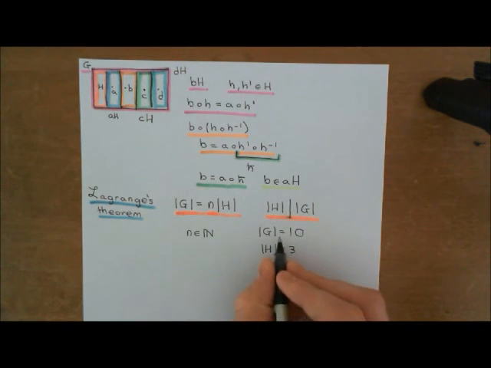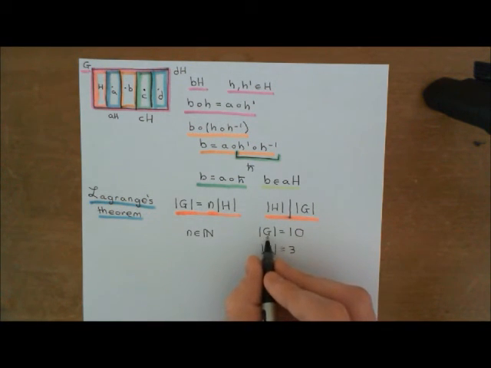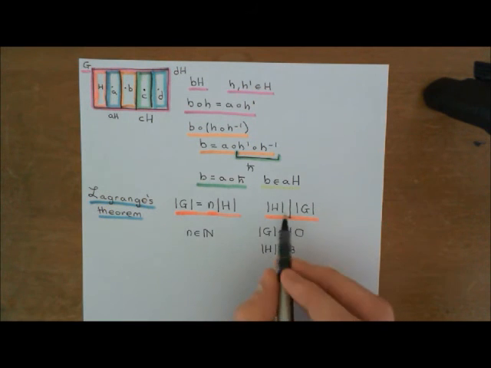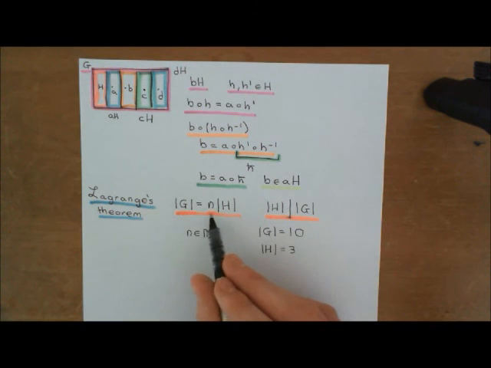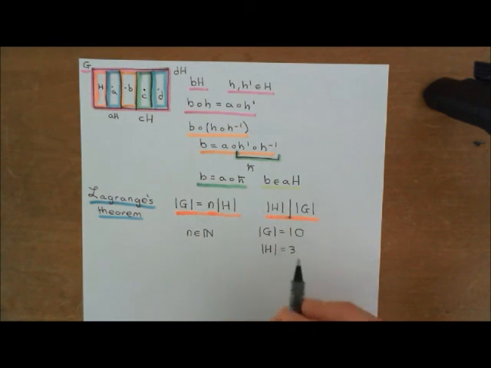There cannot possibly exist a subgroup of this group of order 10 with order 3, because 3 quite simply does not divide 10. No natural number times 3 gives you 10. On the other hand, you could have subgroups of order 5, because 5 does divide 10. 2 times 5 would equal 10. Or you could have a subgroup of order 2, or indeed a subgroup of order 10, or 1. Those are the two trivial subgroups, the entire group and just the identity subgroup.